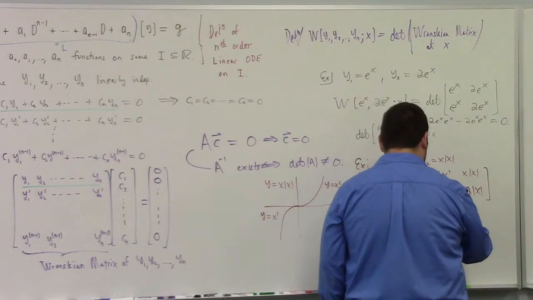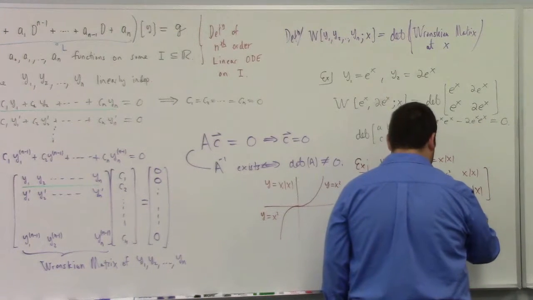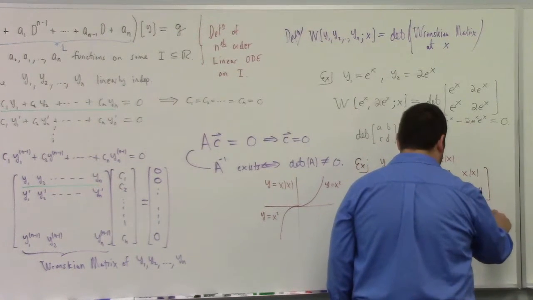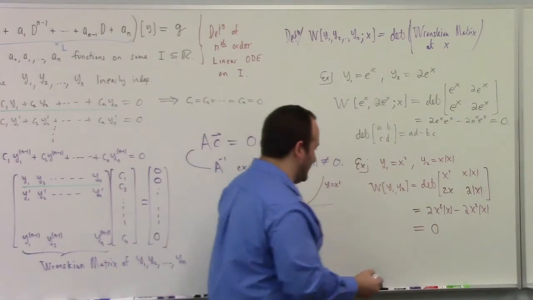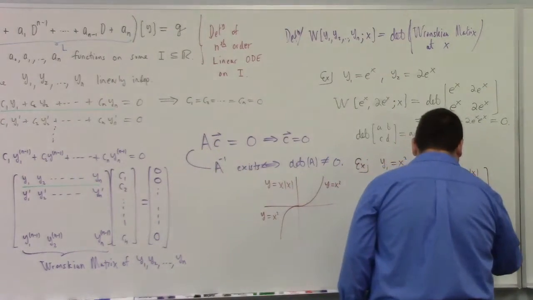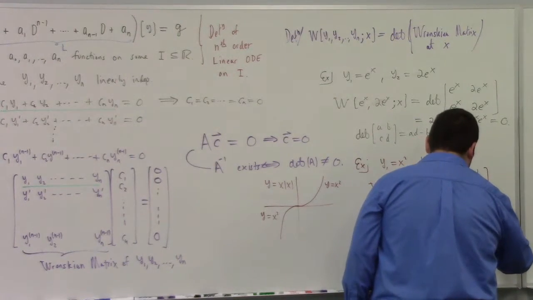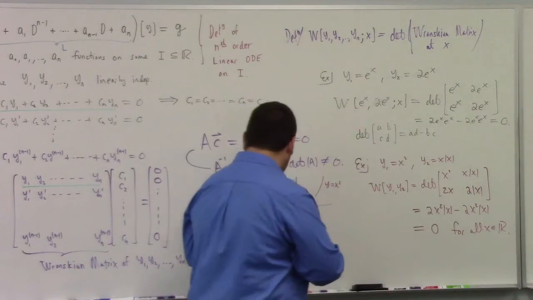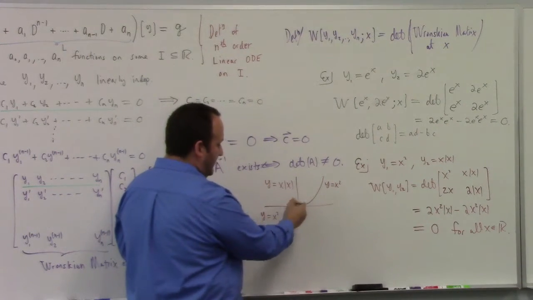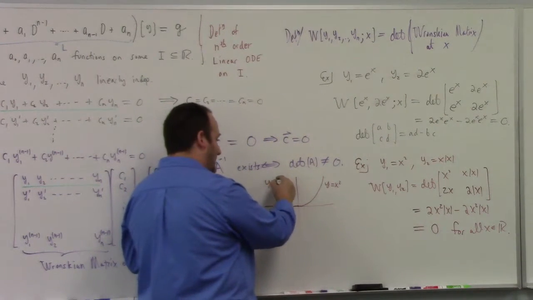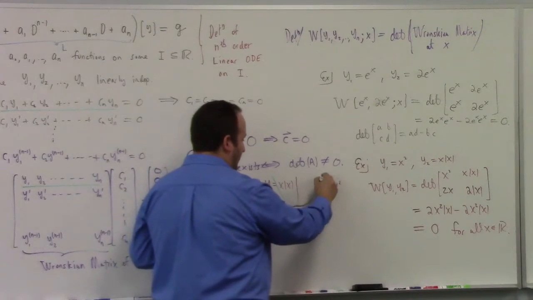You get 2x squared absolute value of x minus 2x squared absolute value of x. This is equal to 0 for all x in the reals. But you can easily see from graphical reasoning, if nothing else, that the function in red is not a constant multiple of the function in green.